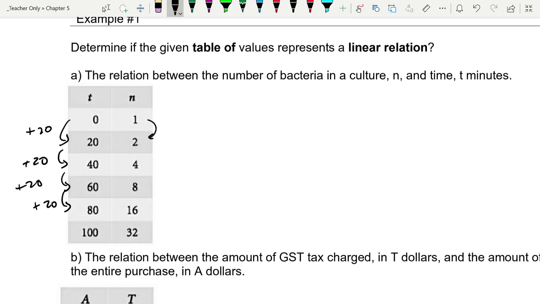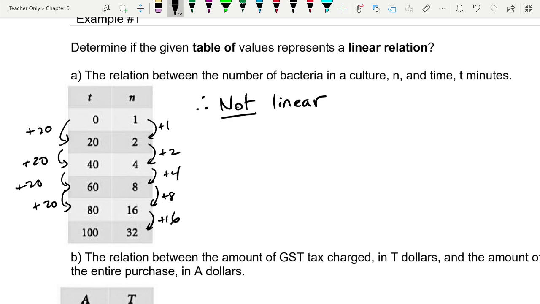And the difference from 1 to 2 is to go up by 1. The distance from 2 to 4 is to go up by 2. The distance from 4 to 8 goes up by 4. And from 8 to 16 goes up by 8, and from 16 to 32 goes up by 16. Therefore, not linear. Why?